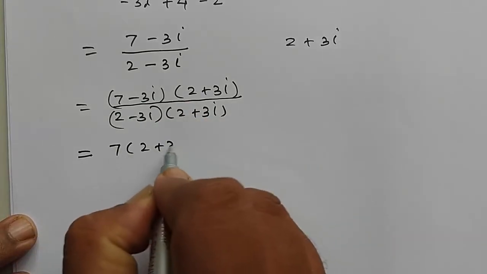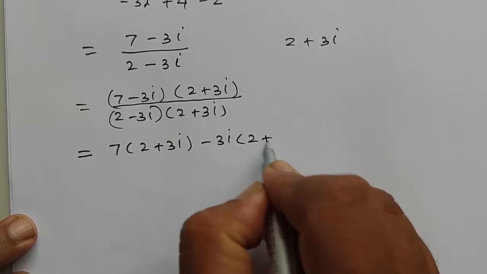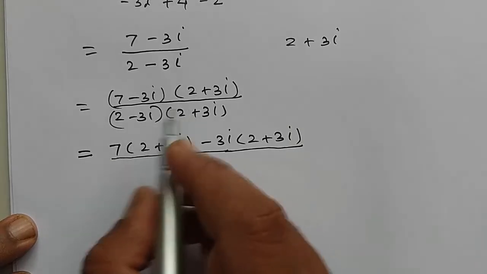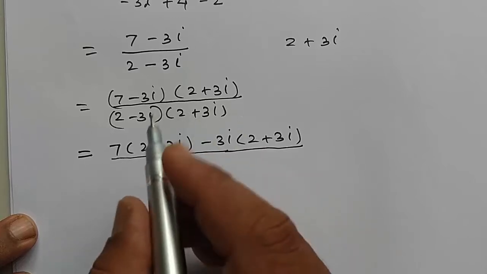7 into (2 plus 3i) minus 3i into (2 plus 3i), divided by, (a minus b) into (a plus b) is a square minus b square.